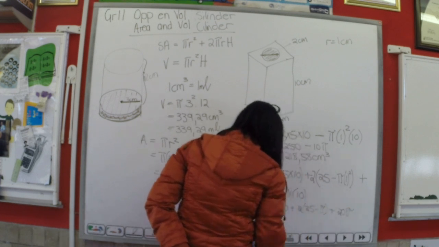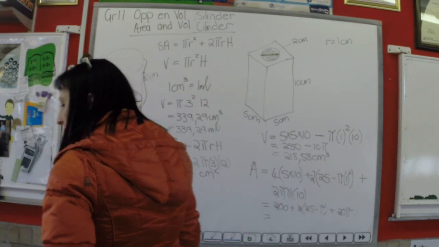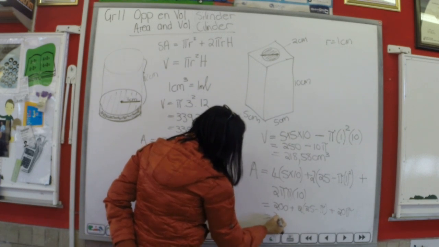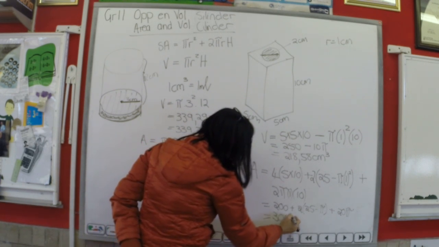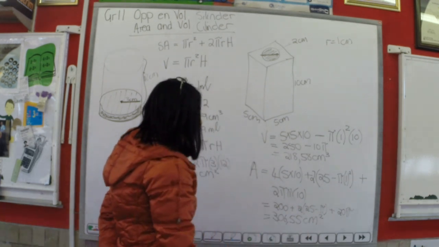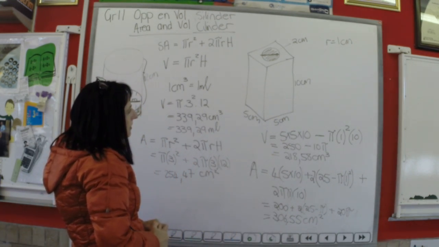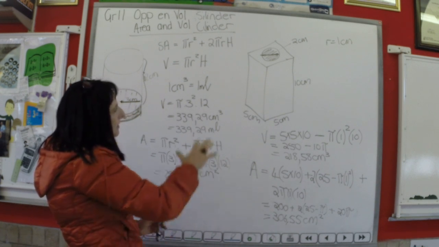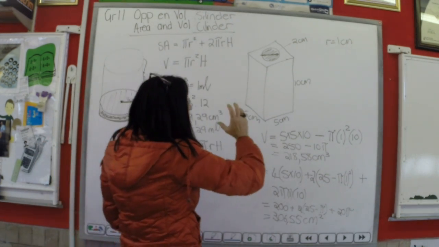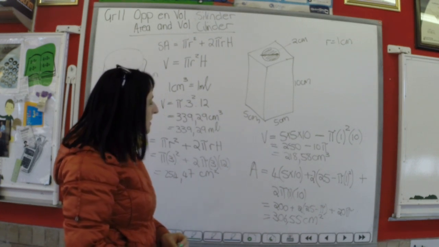So if I put that into my calculator and I add it all up, dan gaan ek kry 306,55 en dit is in centimeter kwadraat, want dit is buite oppervlakte, centimeter square. And that's the visible surface area if I cut that cylinder out of that square-based prism.